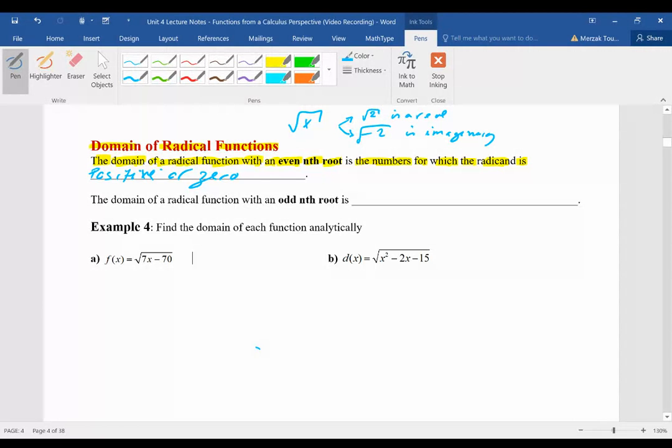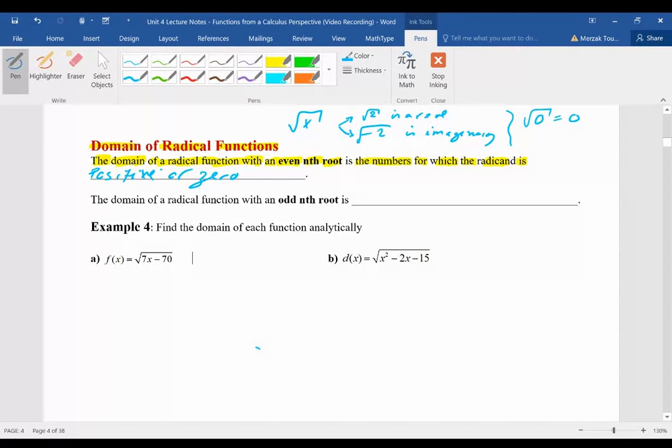So that means for a square root to be real, the radicand, which is the expression in the square root, must be positive or 0. 0 is fine because square root of 0 is simply 0.